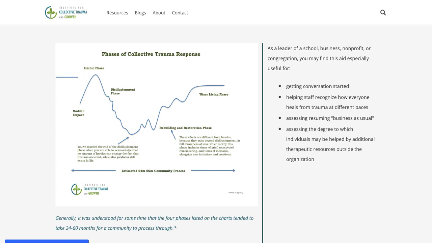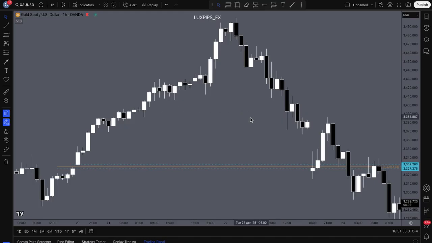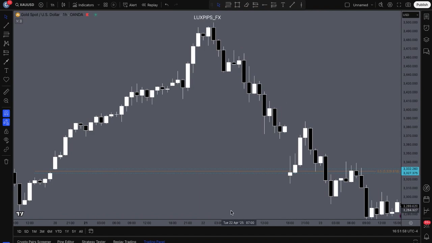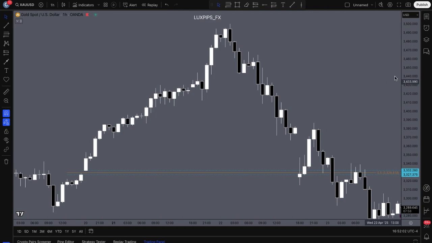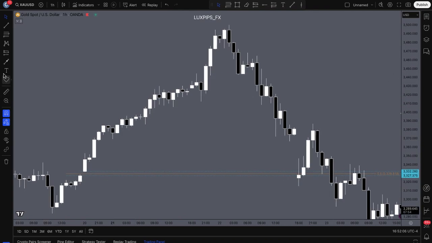We can actually see something just like that this week on gold. Beginning of the week, the Enwalk, sudden impact, right? The repulsion, the heroic phase.